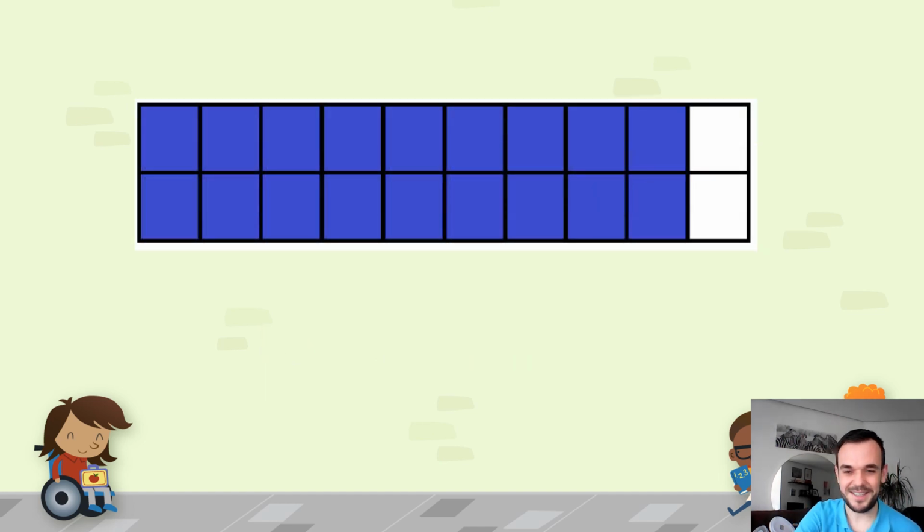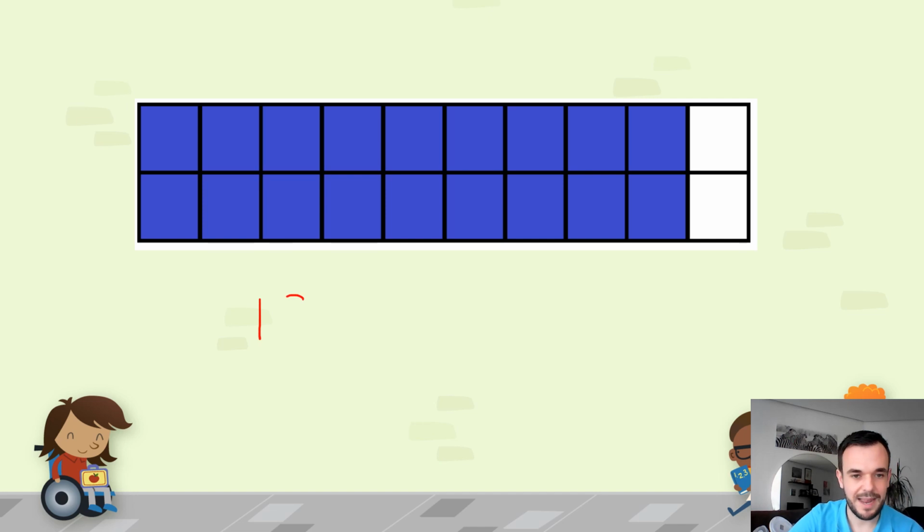Okay, and the last example I'm going to show you today, we've still got 20 boxes. Some of them are blue and some of them are white. Let's find out how many blue ones there are. 1, 2, 3, 4, 5, 6, 7, 8, 9, 10, 11, 12, 13, 14, 15, 16, 17, 18. There are 18 blue boxes, so I'm going to write that underneath. 18.